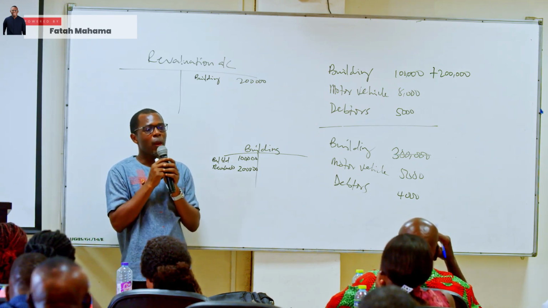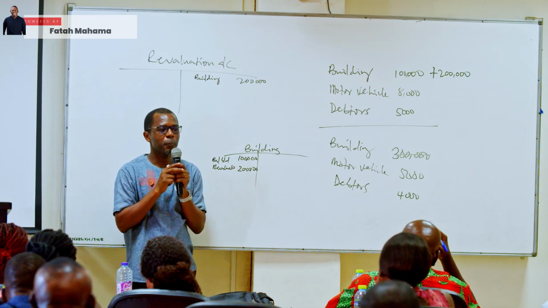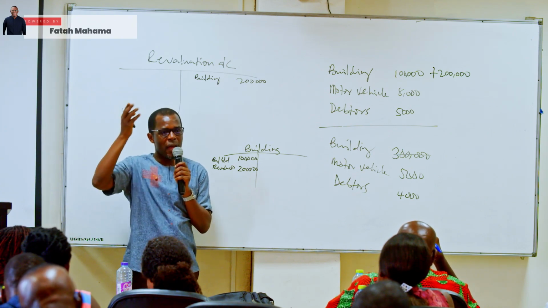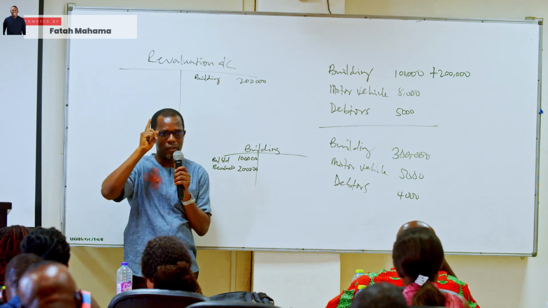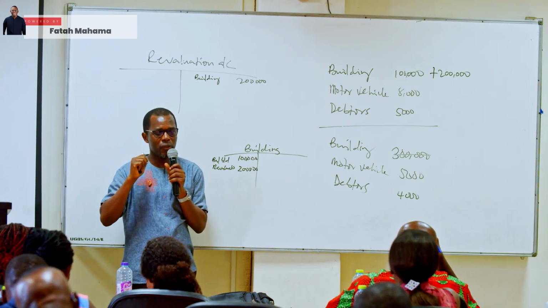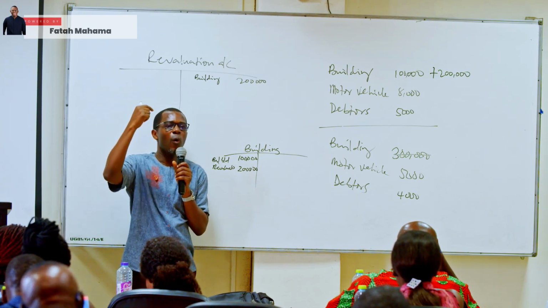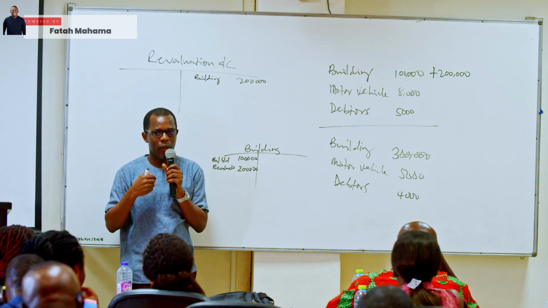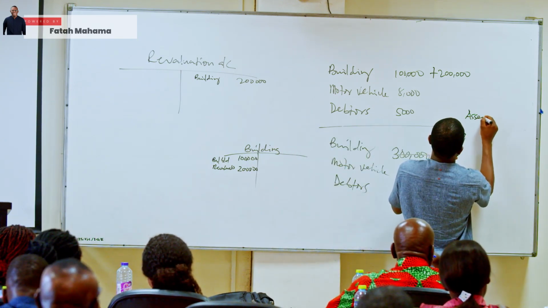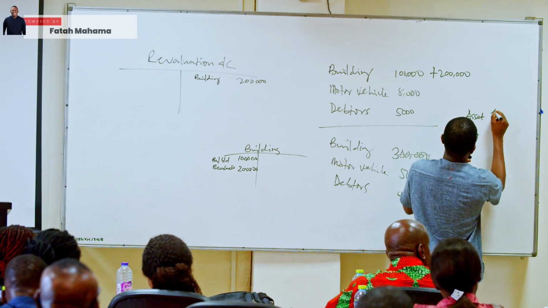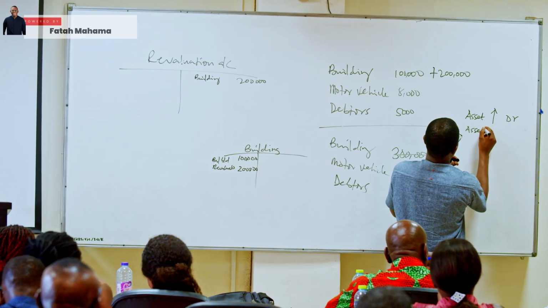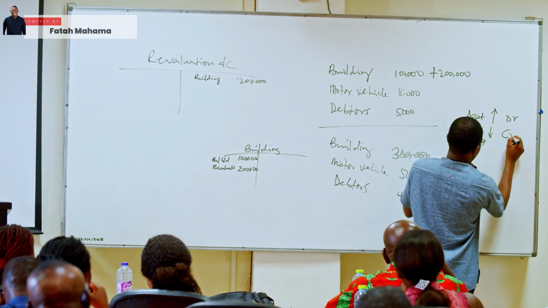So all I will need you to do is, first of all, identify whether the particular item is an asset or a liability. That's step one. Once you know that it's an asset, the next thing you do is ask yourself, is it increasing or is it decreasing? All you need to remember is that an asset that increases must be debited, and an asset that reduces must be credited.